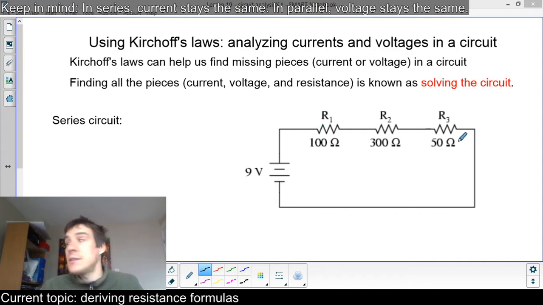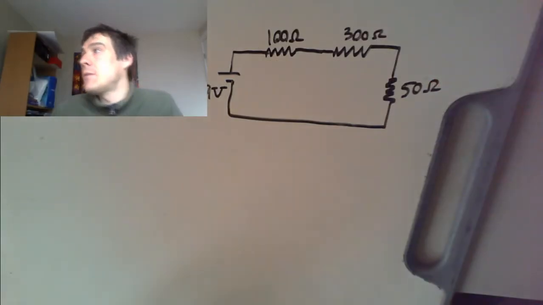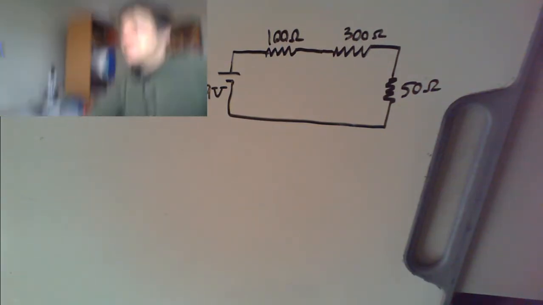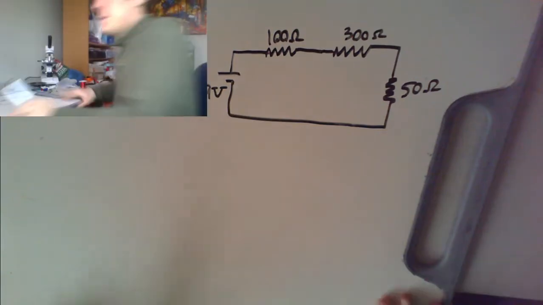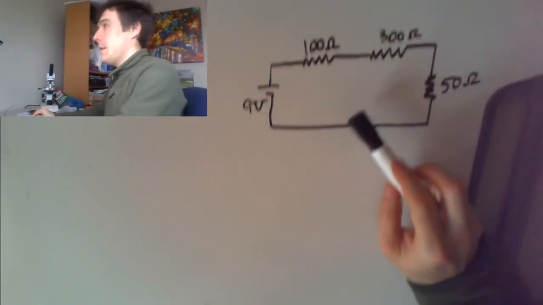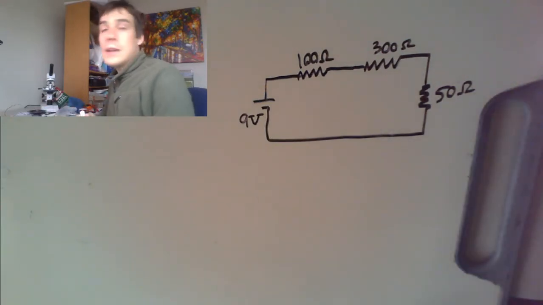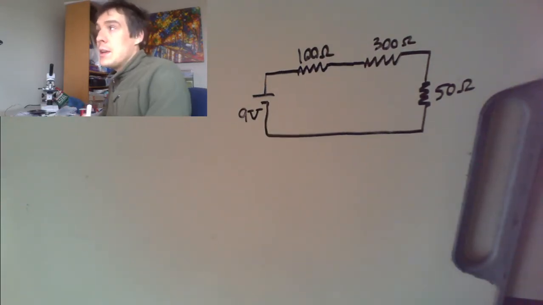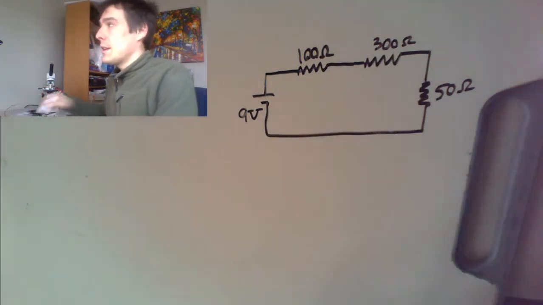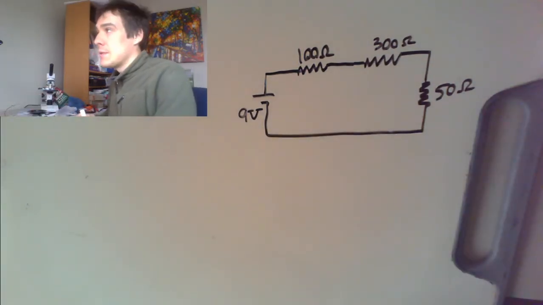This is a series circuit, so we know that the current will stay the same. So I'm going to jump over to the webcam view over here, and we have, as I've written that out here, and what we want to do is solve for the current through the whole thing, and then the voltage of each individual resistor.